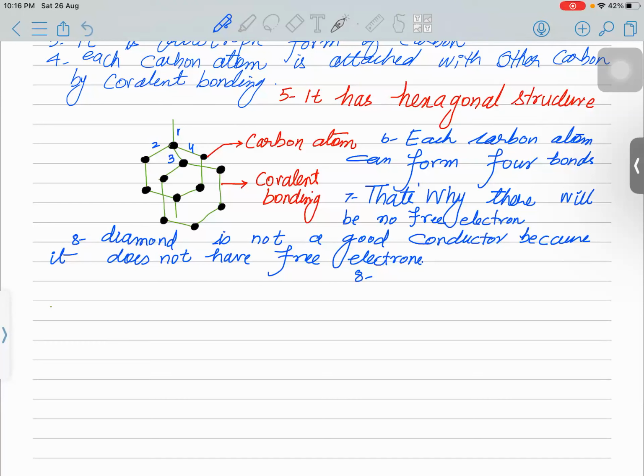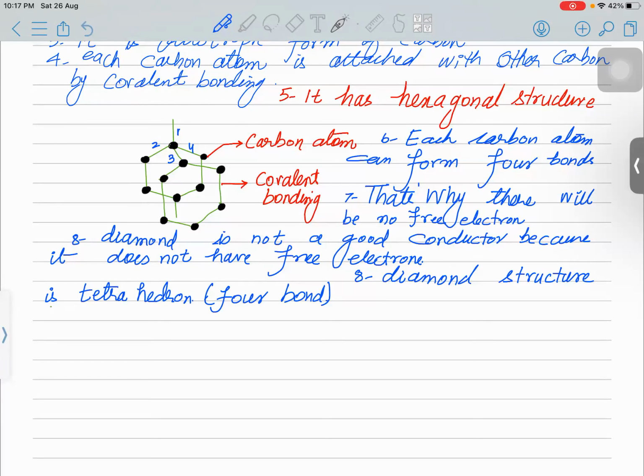Point number 8: diamond structure is tetrahedral, because it forms 4 bonds. So diamond has a high melting point.